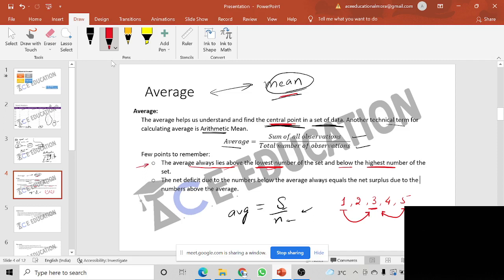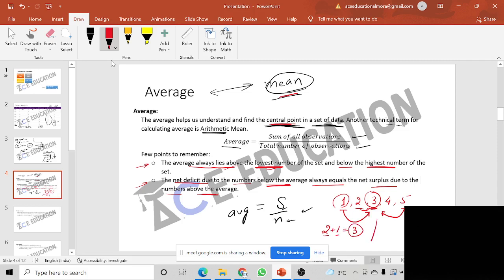The second important point is that the net deficit due to numbers below the average is always equal to the net surplus of the numbers above the average. What it means is, 3 is the average, right? The lowest number is 1. The deficit is 2. Another lower number is 2. The deficit is 1. So the total deficit is 3, 2 plus 1.